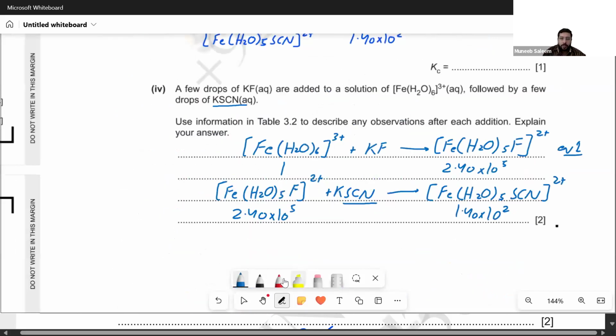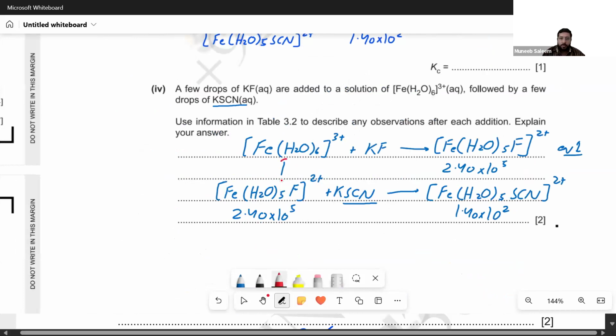Now you can check here that previously we added the Kf into that complex which had only a value of 1, and it led to the formation of 2.40 into 10 to the power 5, which means the K stab value of this compound. To make it feasible, I'm going to label them as A, B, C. This complex is considered as A, this complex is B, this is also B, and this one is a C complex.